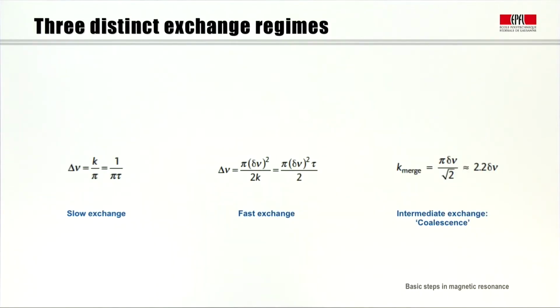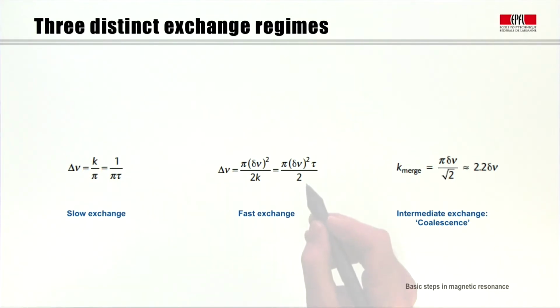So for a two-site problem with equal populations and equal forward and backward reaction rates, we have the following three distinct regimes. In the slow exchange regime, we simply have a line broadening which is the same for both A and B resonances, and in both cases is simply proportional to the exchange rate k, or if you prefer, inversely proportional to the lifetime of either of these molecules or conformers.